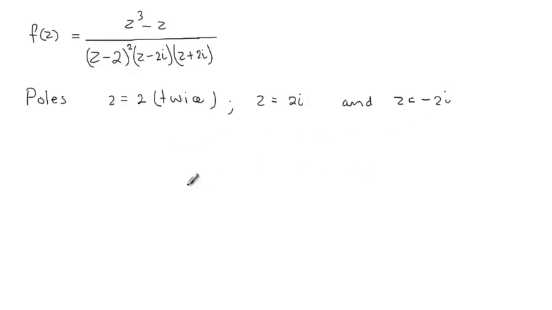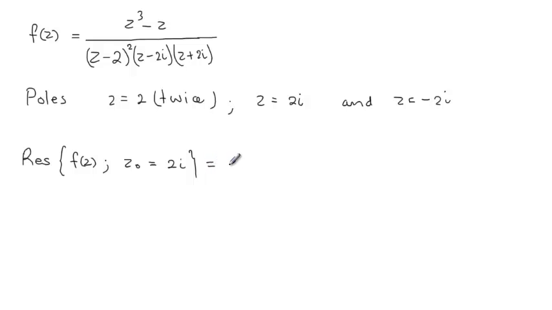Maybe starting simple, let's start with calculating the residues at simple poles. And let's start with the residue of f of z for z0 equals 2i.